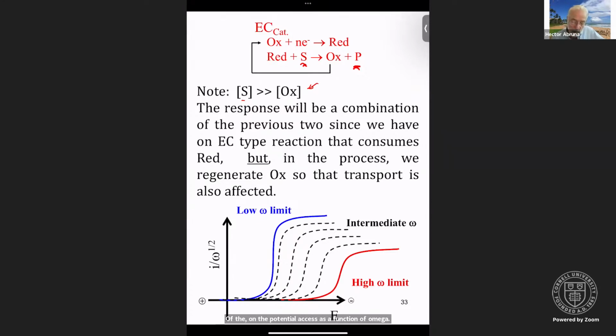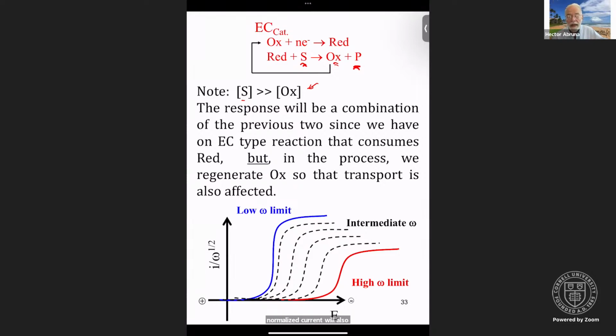On the other hand, if we look mechanistically at what's happening here, we are regenerating ox that goes back to the electrode surface. So we in fact have a higher flux of ox at the interface because of this regenerative step. If we are affecting the effective concentration of ox so that its transport is affected, that means that the normalized current will also change.